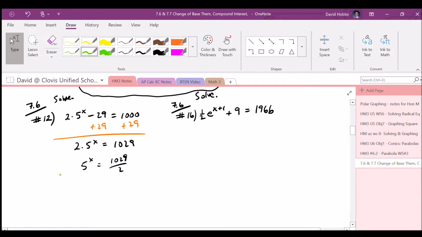So I'm going to take the log base 10. Actually, that's kind of a long way to do it. So instead of doing it that way, sorry, I got caught up a little bit here. We do want to get it into log form, but I'm not going to take the log of both sides because that's kind of a long way to do it. So what we are going to do is convert to log form.